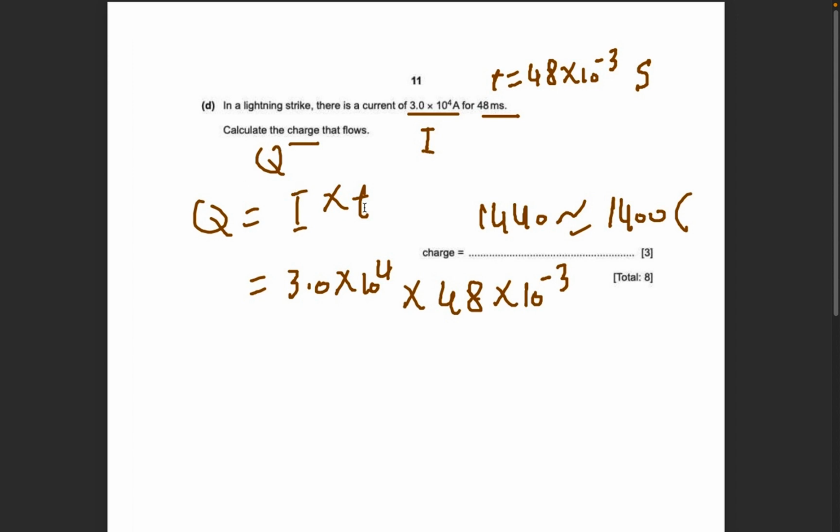You know, Q equals I times t. Q, the charge in coulomb, equals I, the electric current in ampere, multiplied by time in second. So Q equals 3.0 times 10 to the power of 4 ampere, times 48 times 10 to the power of negative 3 to convert from millisecond to second. So you can obtain 1,440 coulomb.